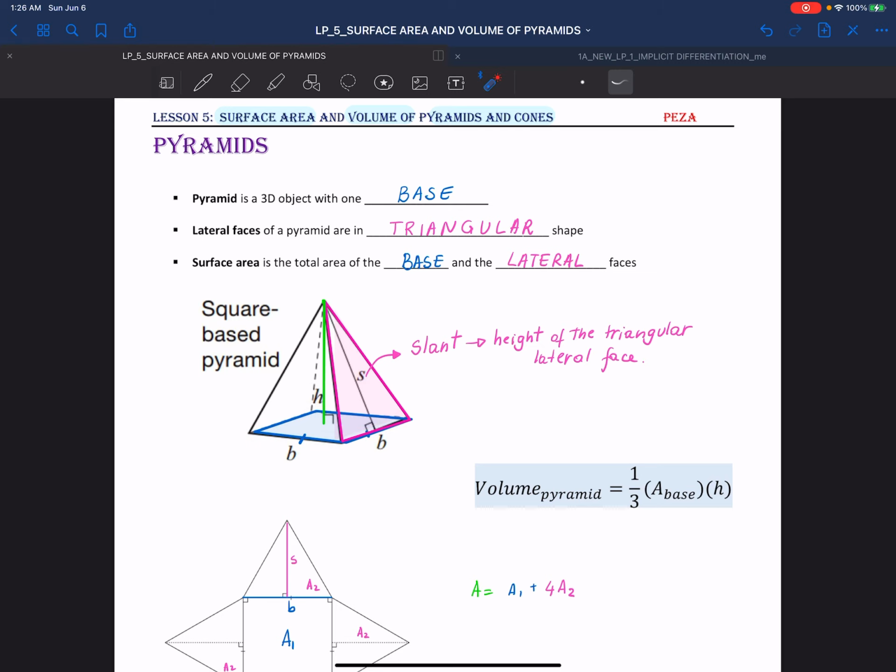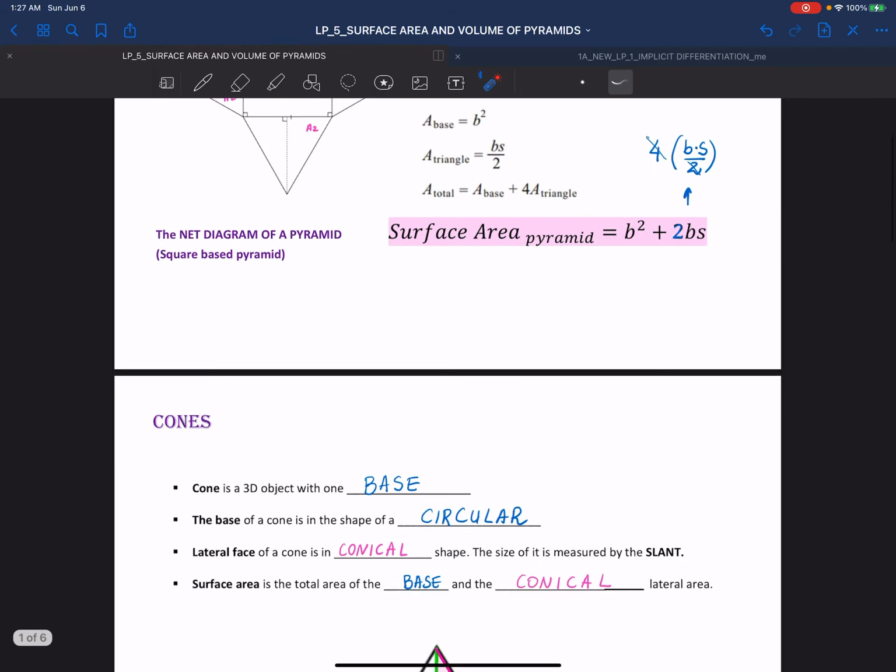Depending on what type of polygonal base we have, we're going to need different values. Slant is very important to determine the size of the surface area, and height is a very important number to determine the volume of the pyramid and the surface area.